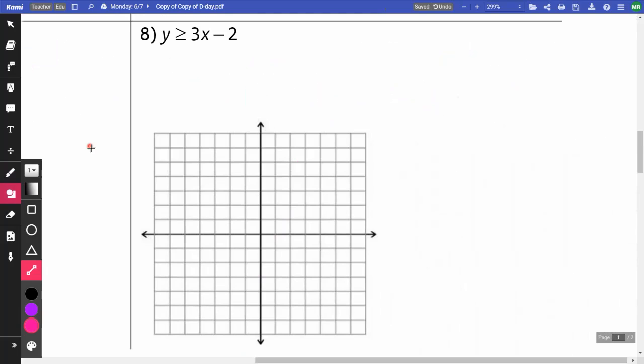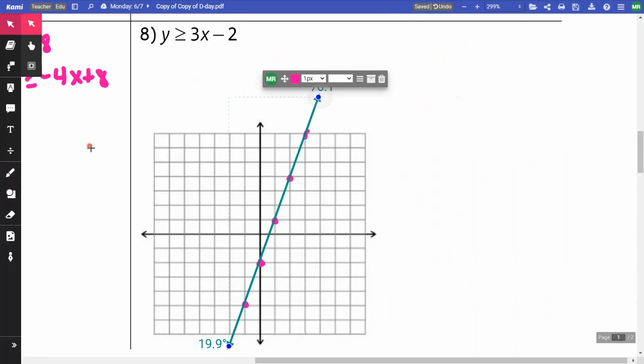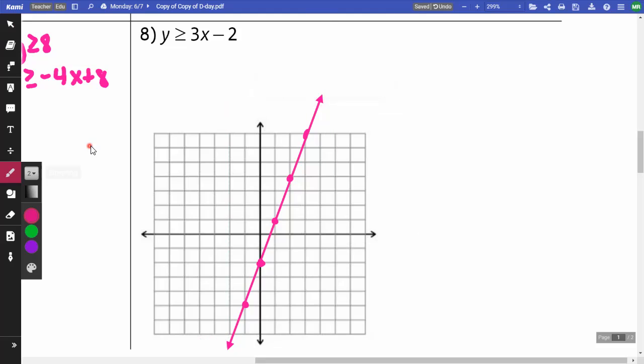And for this one, it is going to be solid. And let me just put my arrows, and I'm just going to move it a little bit. Okay. And this is y is greater, so that means I'm going to shade above. And that's going to be here.